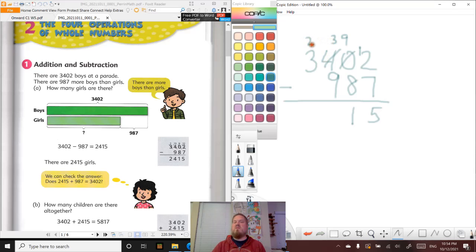So we're going to write 2, cross this out, give 10 100s over here. So now we have 13 100s. I'm putting a box so you know they're squished together. And 13 100s minus 9 100s is 4 100s, and then 2 minus nothing is 2. So we get 2,415.